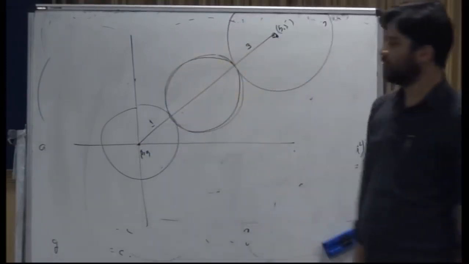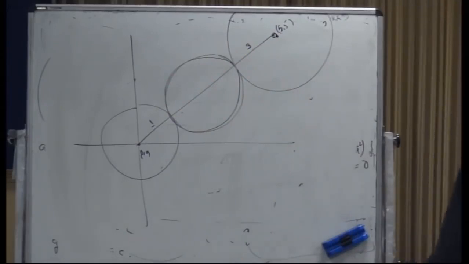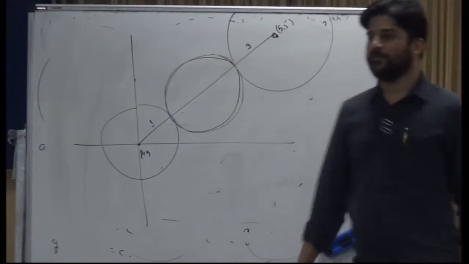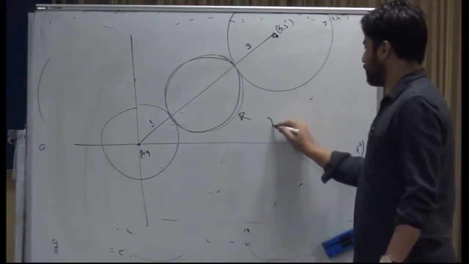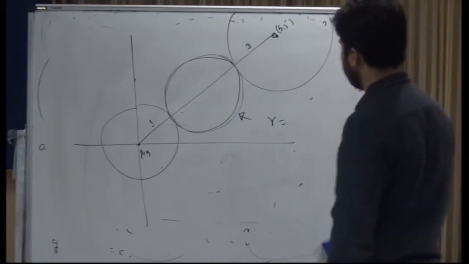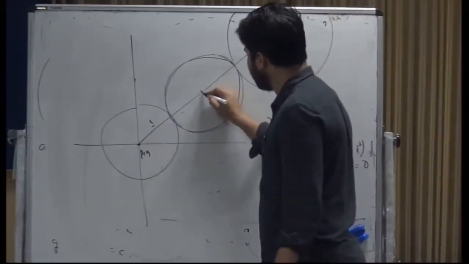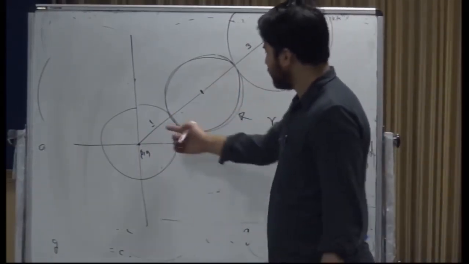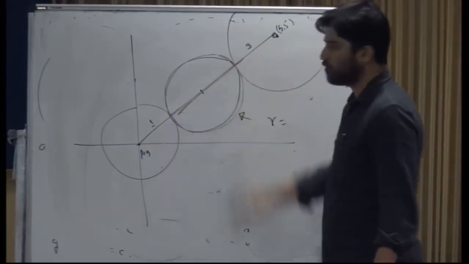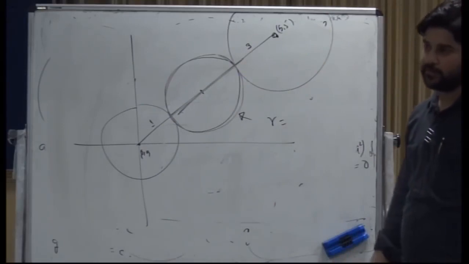We have to find the equation of this circle. Now, first idea, what is the radius? The first thing I need to know is, so A center, right? This is 1, this is 3, what is this length? 2r.